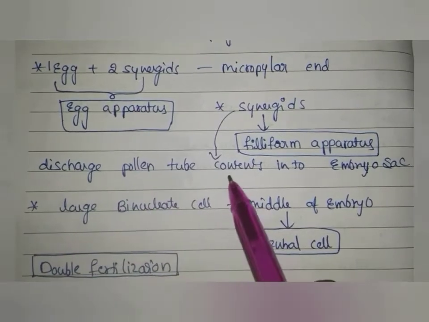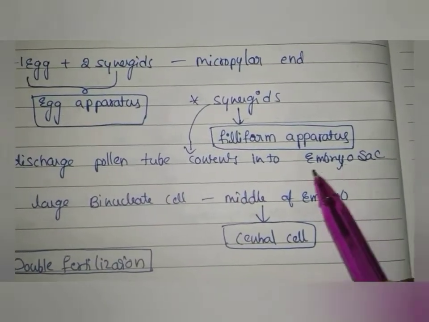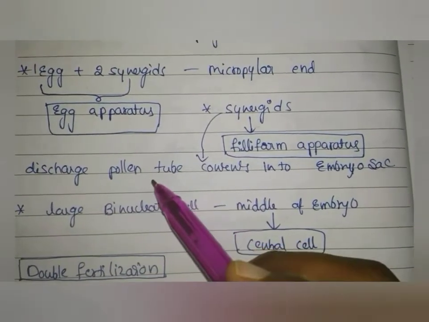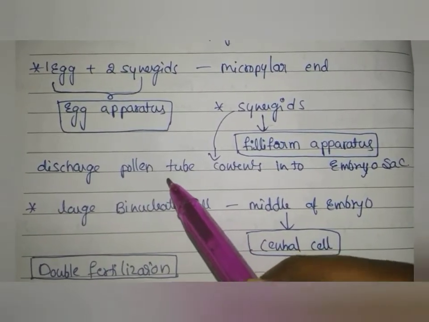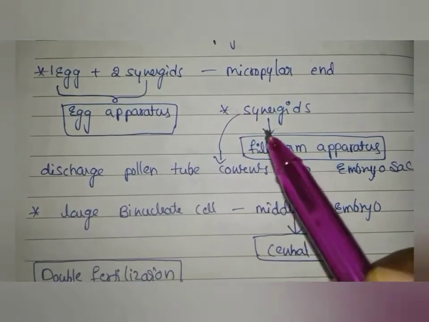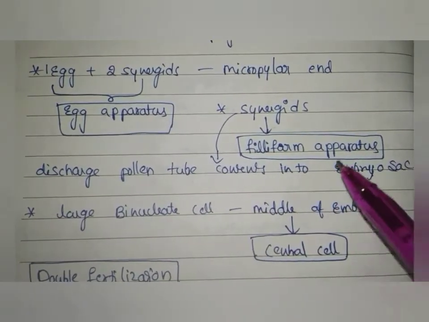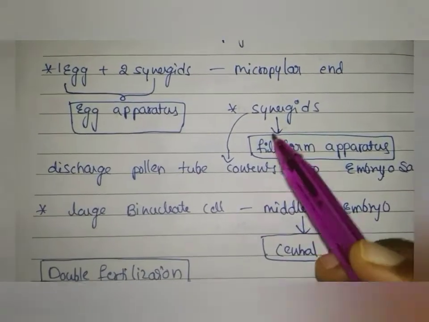Synergids discharge pollen tube contents into the embryo sac. The pollen tube is formed from the pollen, and its contents are discharged into the embryo sac via the synergids.